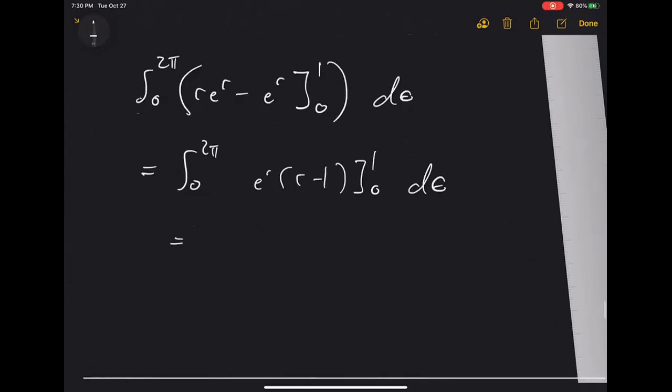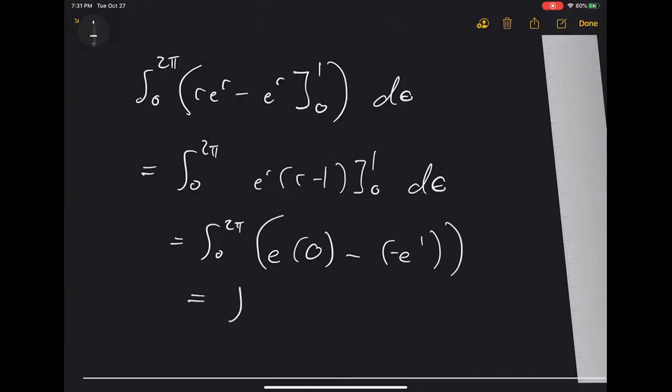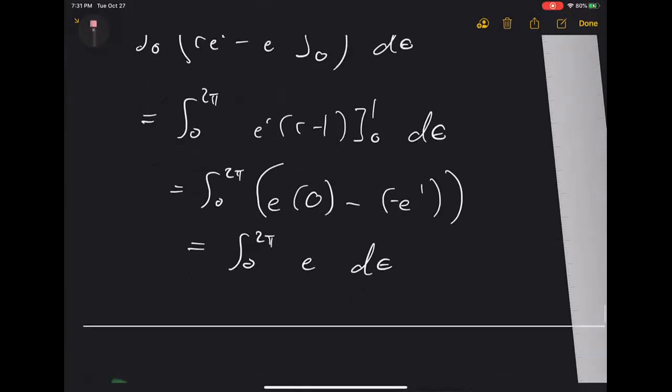Okay, so let's see. When I plug in 1, I get e to the 1 times 0 minus e to the 1 times negative 1. And e to the 1 is just e.